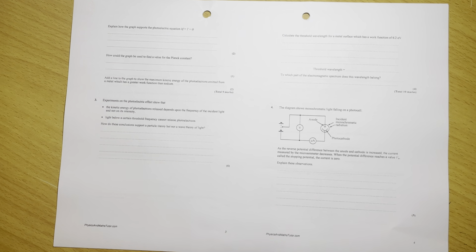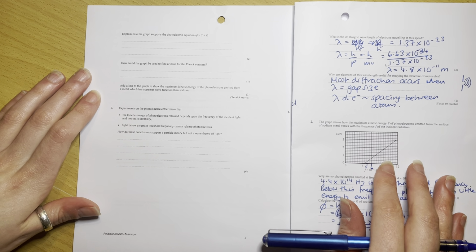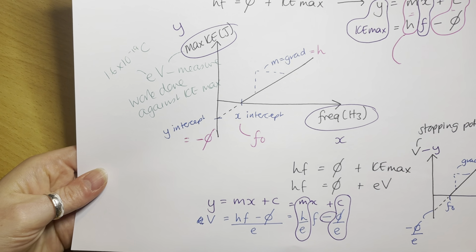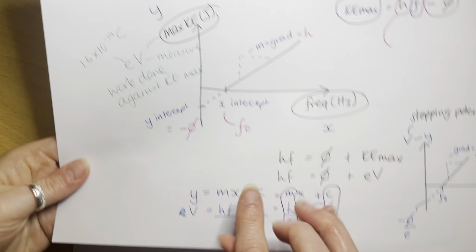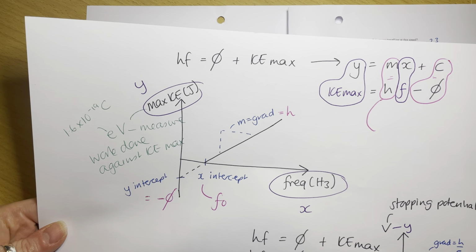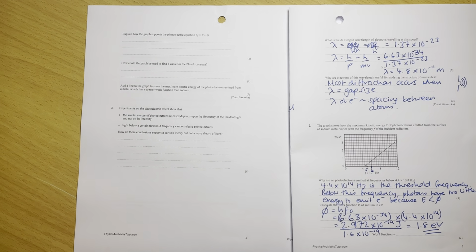Okay, explain how the graph, which I'll put over on the side, supports the photoelectric equation hf equals T plus phi. So we've talked about this in terms of how we rearrange the equation y equals mx plus c to match up with this equation here. We basically need to explain that in words, okay?